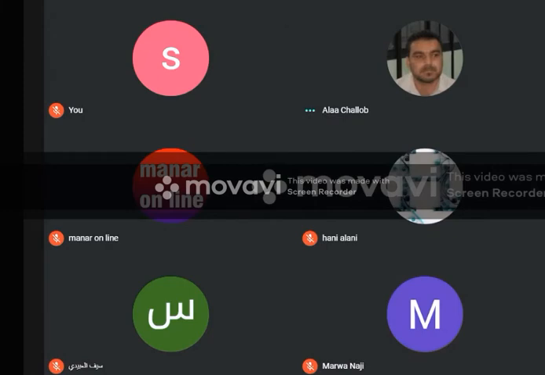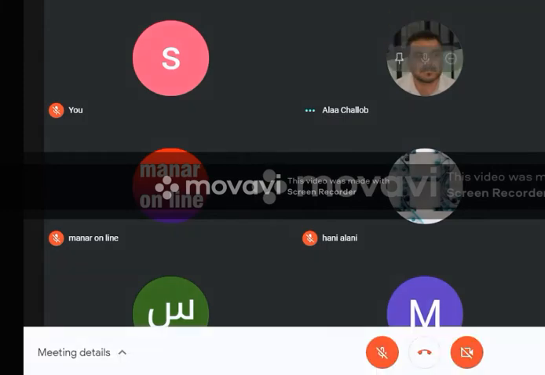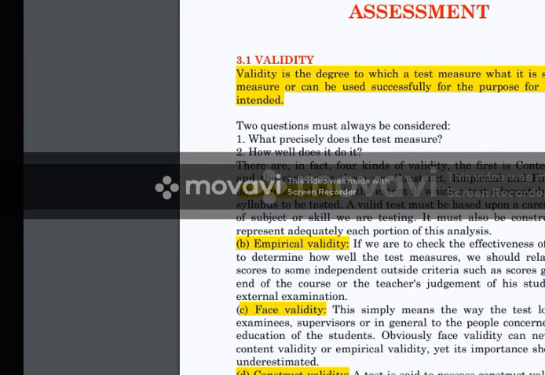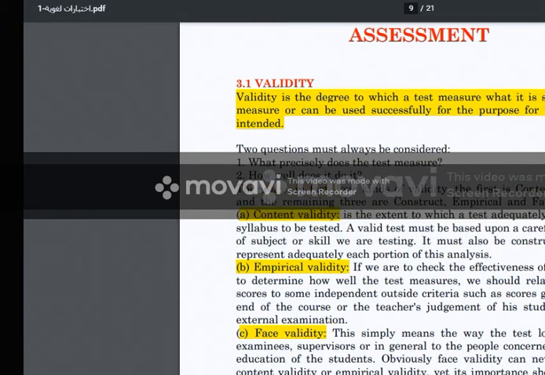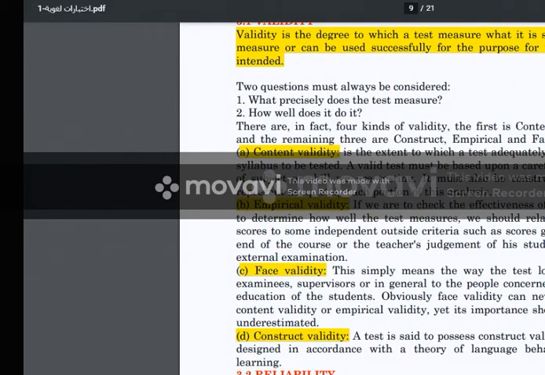Yes, I mentioned that. I told you that it is valid if the items are about the grammar, and a valid vocabulary test if its items are about vocabulary, and so on.